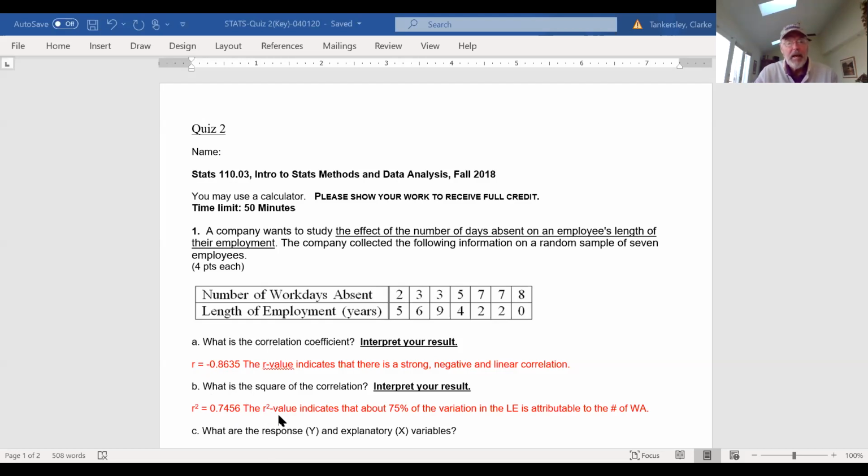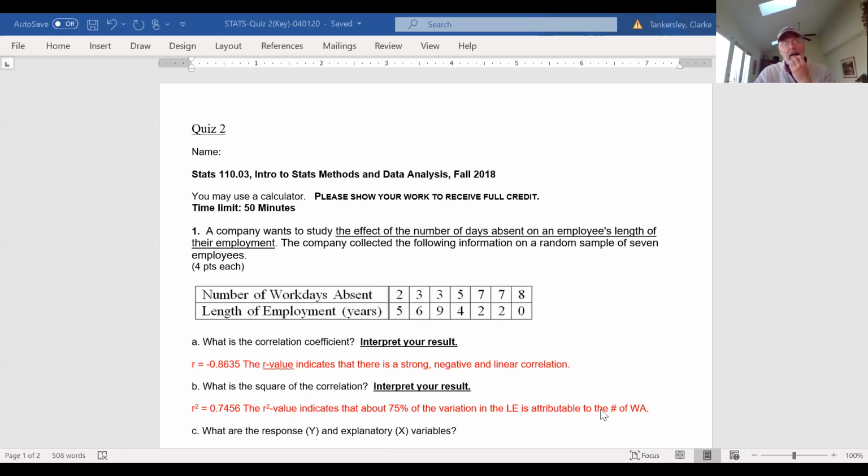And what this indicates is that 75% of the variation in Y, or the variation in the length of employment, is attributable to the number of work days absent, all right?